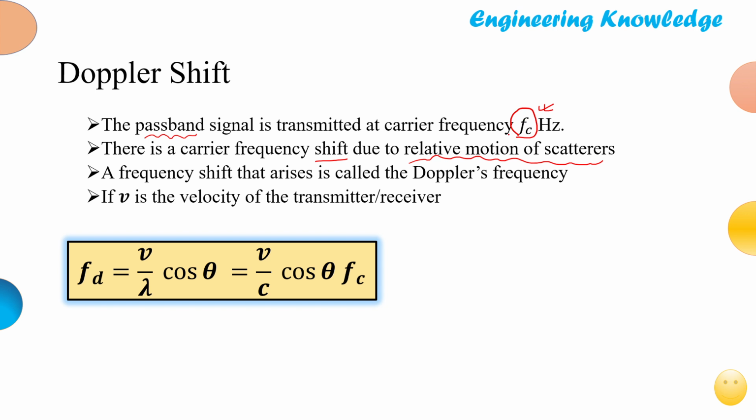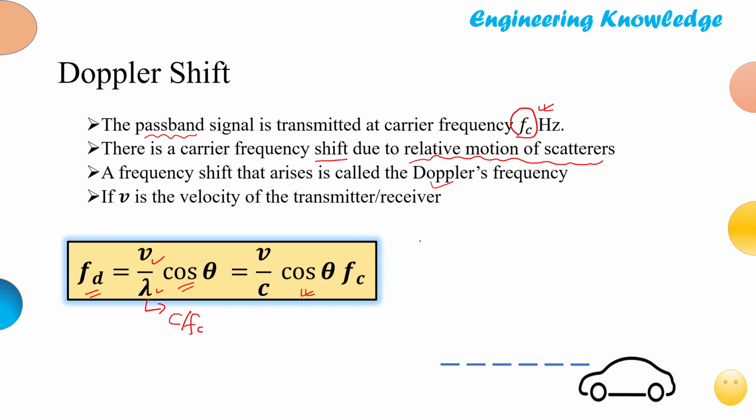The frequency shift that arises is said to be the Doppler frequency shift, or Doppler shift, and that is defined by this formulation: Fd is equal to V upon lambda into cos theta. What is lambda? Lambda is C upon F, and F happens to be Fc. So we can also write it as V upon C, cos theta, Fc. What is theta?